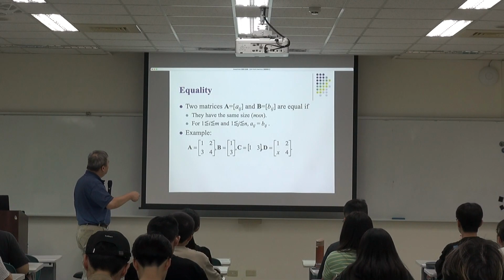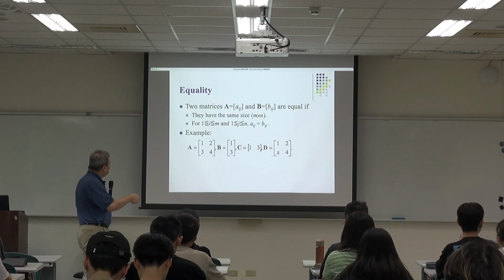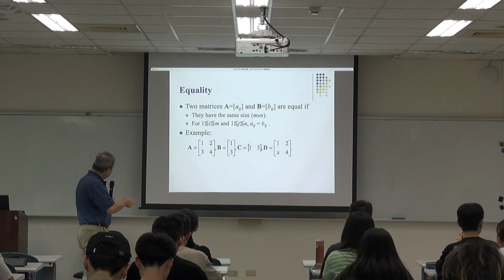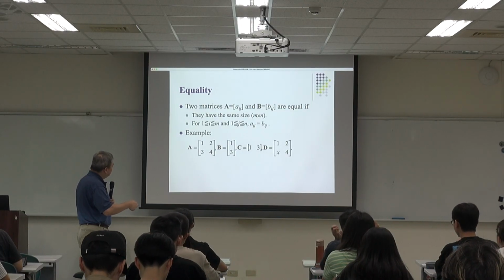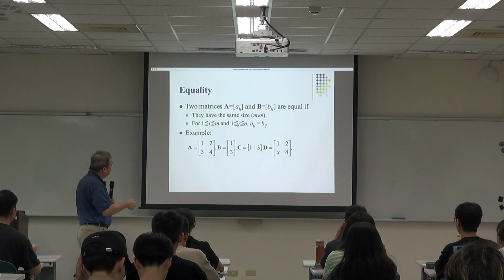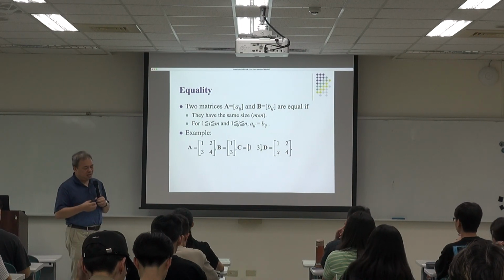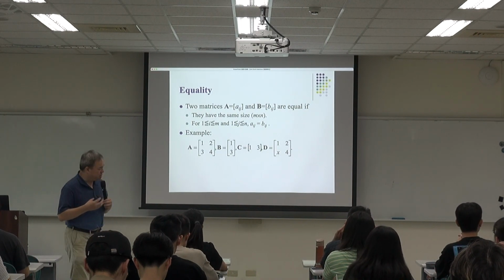If we say two matrices are equal, first, they have to have the same size. Matrix A and matrix B have to have the same number of columns and the same number of rows.